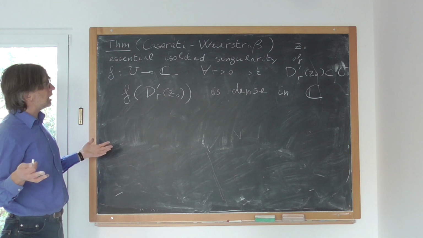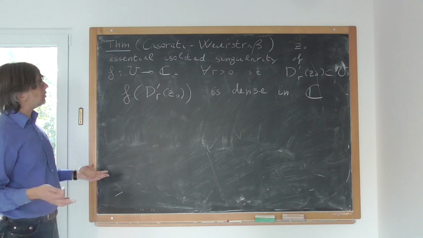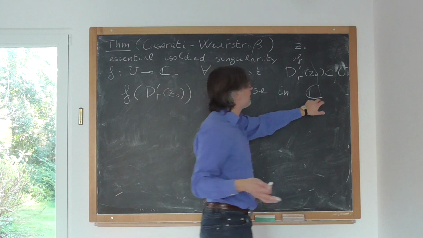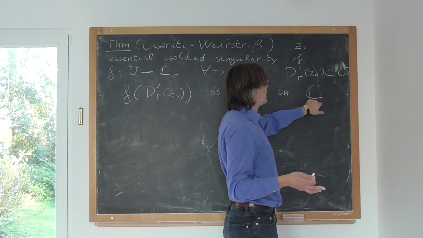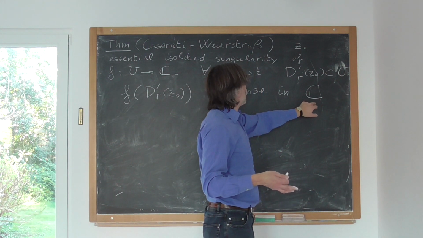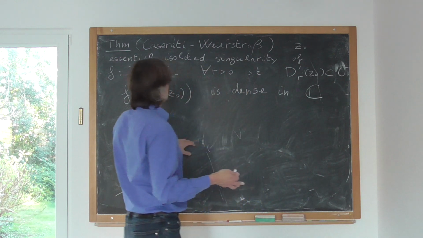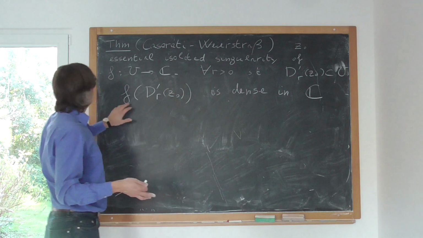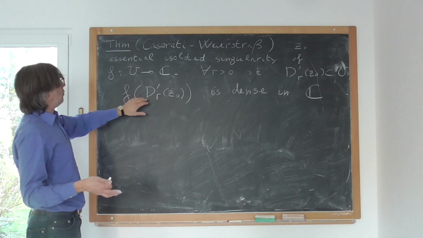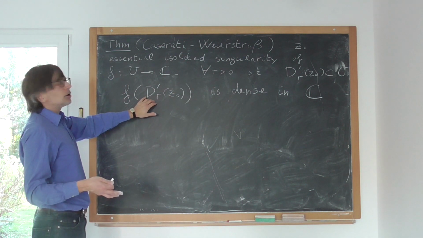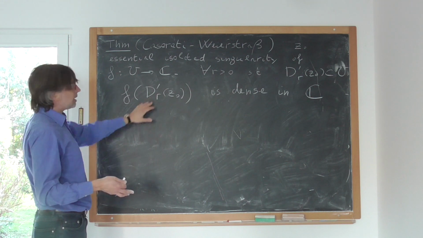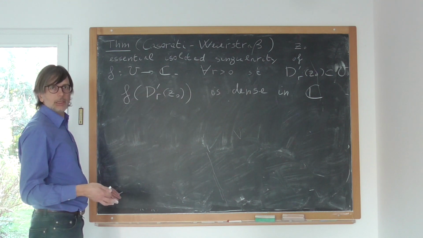The set of values which are achieved by f is dense in C. So whenever I fix a complex number, I can approximate this complex number arbitrarily well by f of some number contained in this punctured disk, no matter how small this punctured disk is.